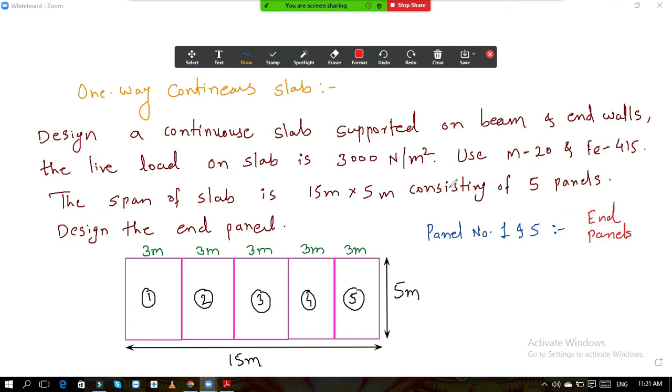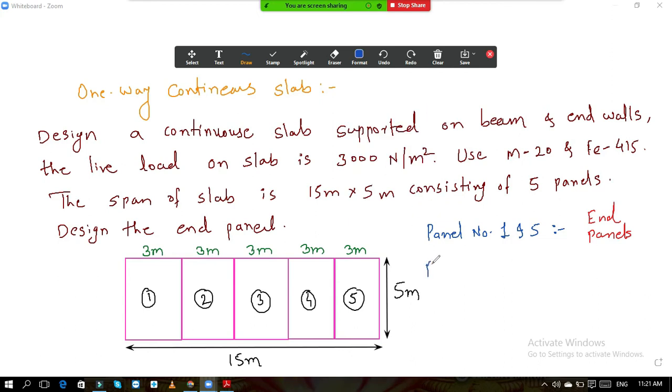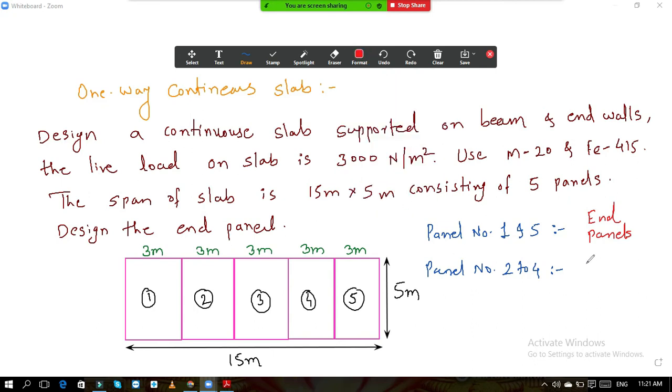And the remaining panels, panel number 2 to 4, are called intermediate panels.